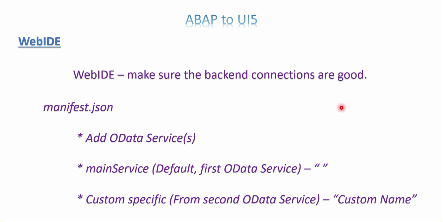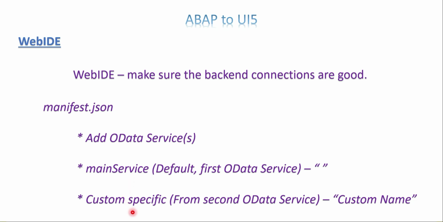The default behavior is that the first OData service is the default service. Normally, once you create a project with a template, like the worklist or master view template, it creates an OData service with the name mainService, capital S, like this, and it always points to that OData service by default. Okay, so we can make it manual also.